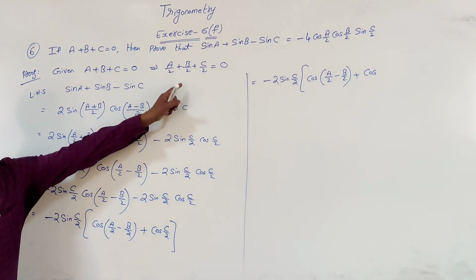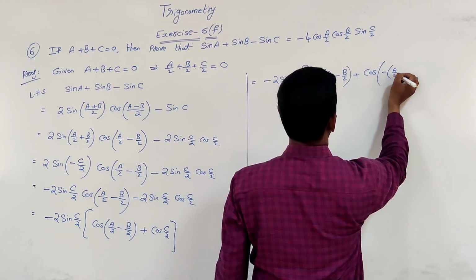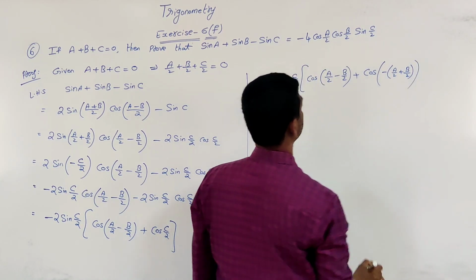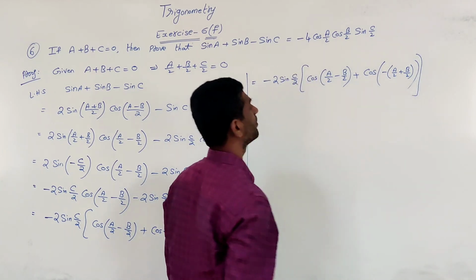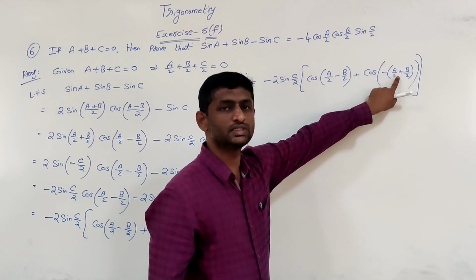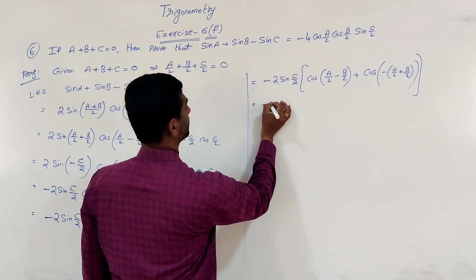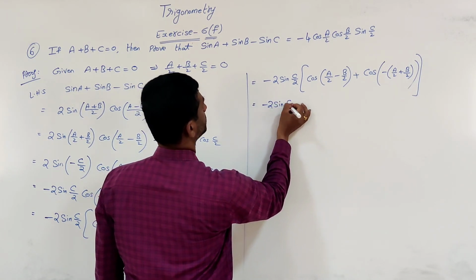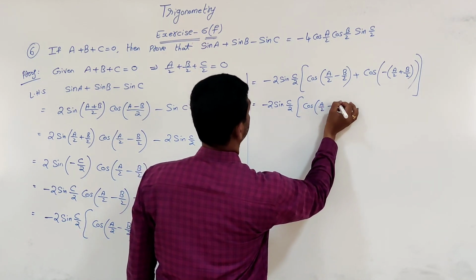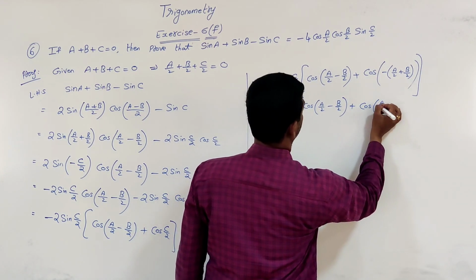From this condition, C/2 can be written as minus of (A/2 + B/2). Actually it is minus A/2 minus B/2, but if we take common, it will be minus of (A+B)/2. Next, it is in the form of cos of minus θ, and cos of minus θ is cos θ. So minus 2 sin(C/2) [cos((A−B)/2) + cos((A+B)/2)].